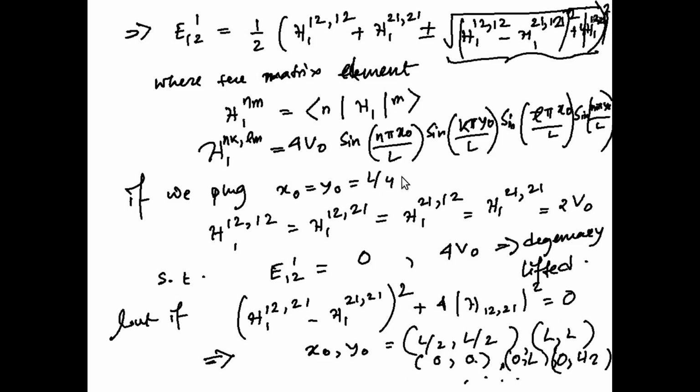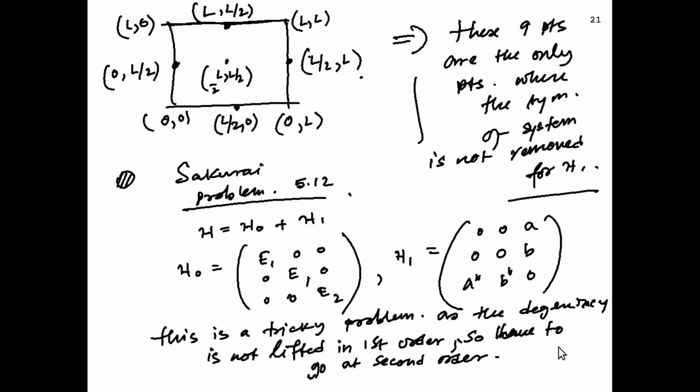But clearly that is not necessarily always the case. There can be a situation when, even after you solve the first order secular equation, the first order degenerate perturbation theory, the degeneracy is not lifted, because there are some special points. To find those special points: when the degeneracy is not lifted, this part will vanish. So, if I impose the condition that this must vanish, we will find 9 points where that can happen. These are the 9 special points.